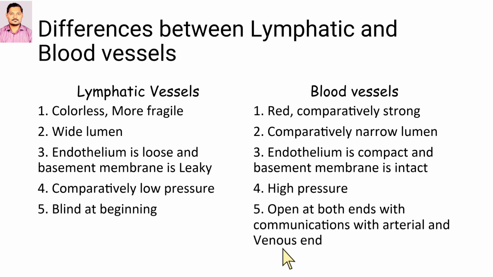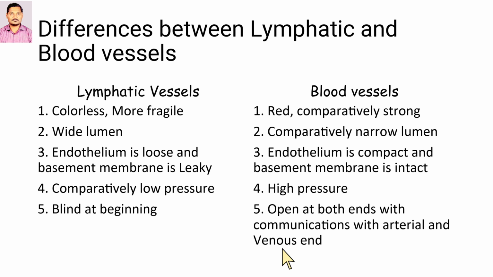So the basic difference between the lymphatic vessel and blood vessel in appearance is the color. One is colorless, the other has a red appearance. The second difference is in the lumen. One has a narrow lumen, the other a wide one. And one's endothelium and basement membrane are not that strong, so the lymphatic vessel is a little bit weaker. It is colorless and has a wide lumen.